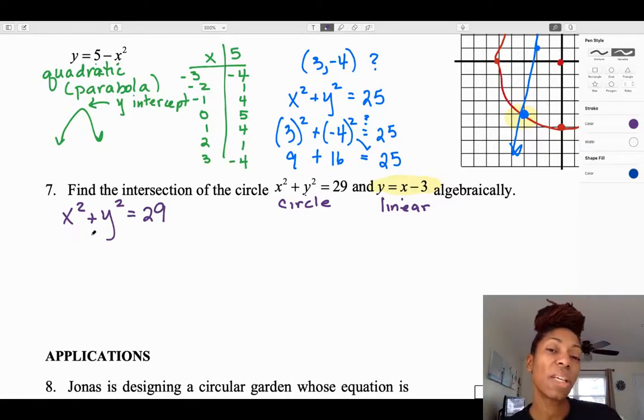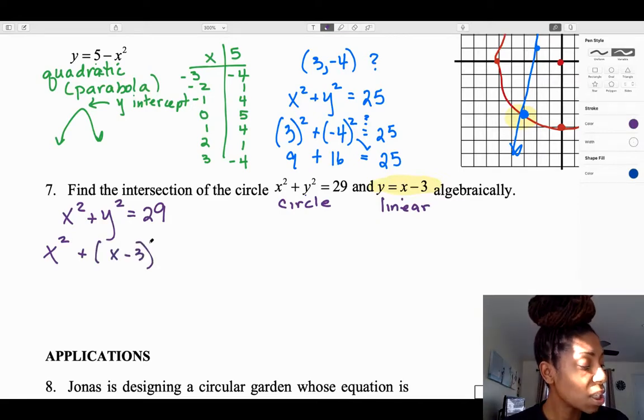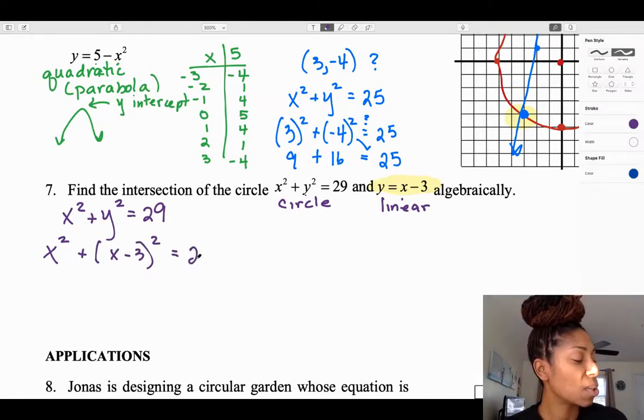And I'm going to rewrite this equation, but instead of writing y, I'm going to write x minus 3. So that's going to be x squared plus (x minus 3) squared equals 29. And now I have a quadratic equation that I have to solve.